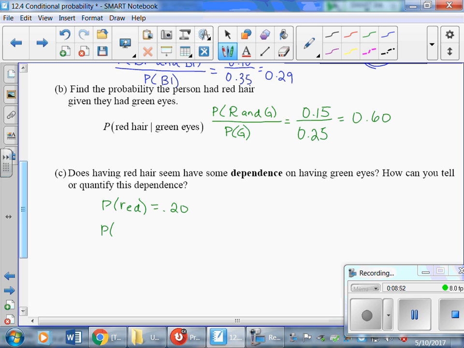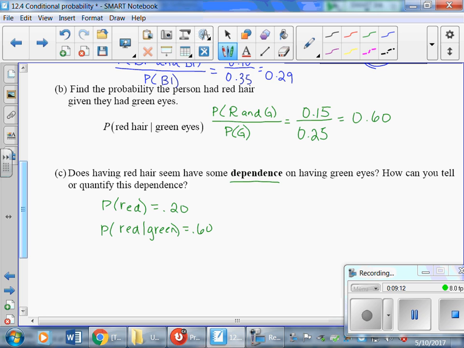And the probability of having red hair, given that you have green eyes, jumps up to 0.60. So the answer here is absolutely, there's 3 times more likelihood to have red hair if you have green eyes. So dependence is absolutely valid here.